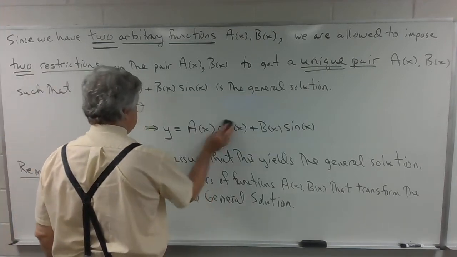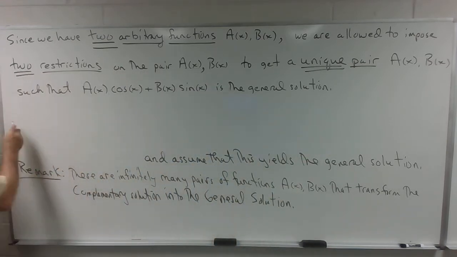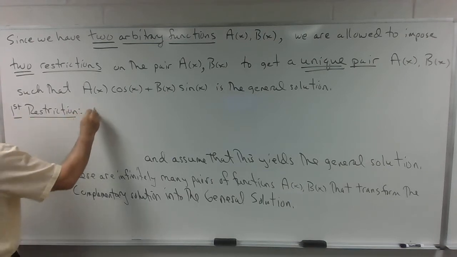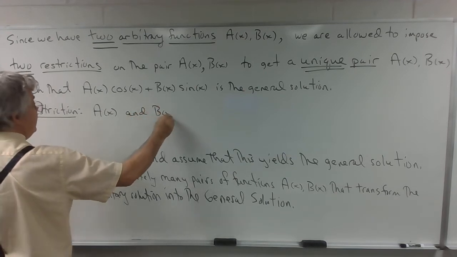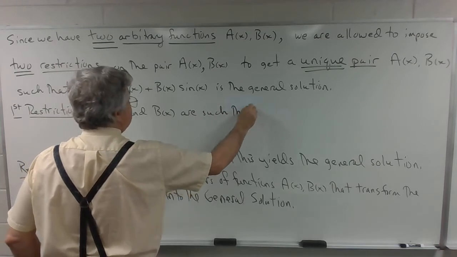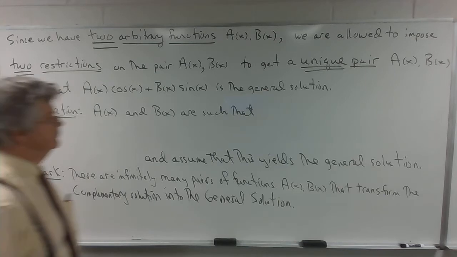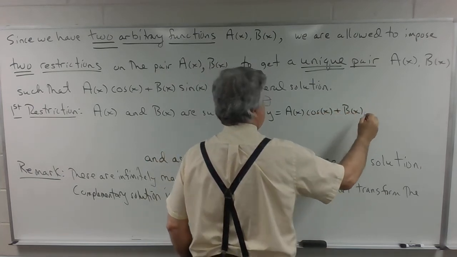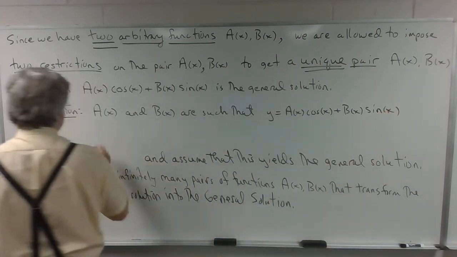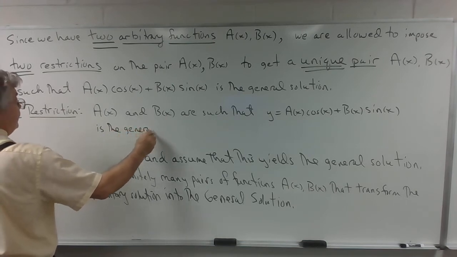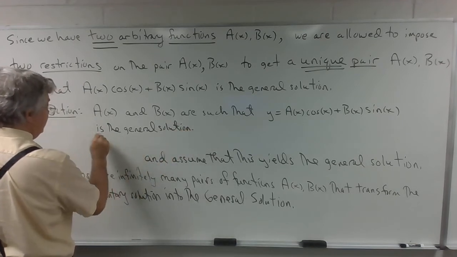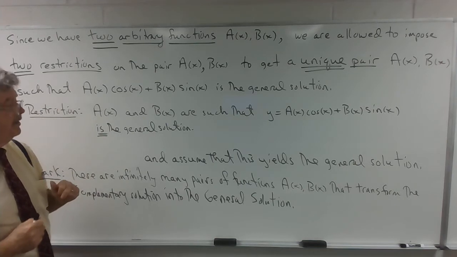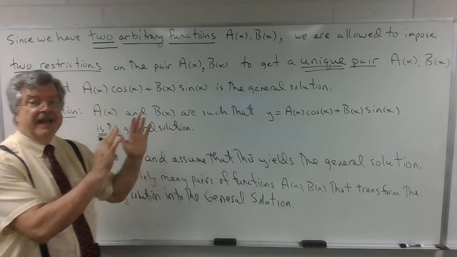Now here's the first restriction. There are infinitely many pairs of functions, a of x and b of x, and most of those pairs aren't going to give us the general solution when we plug in a of x and b of x.